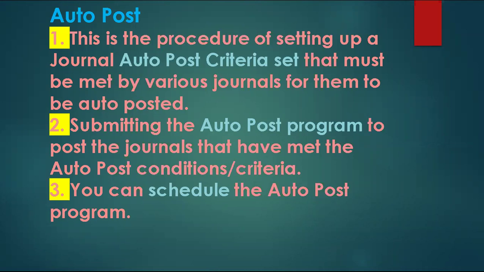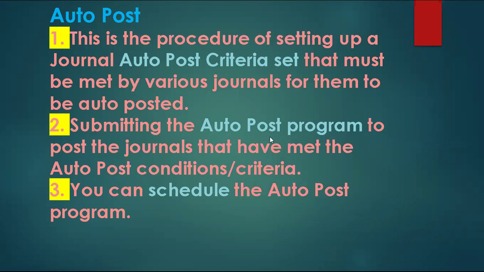And this criteria has to look at some kind of conditions that have been set in this criteria set. Again, in the process of auto posting, there will be submission of the Autopost program.